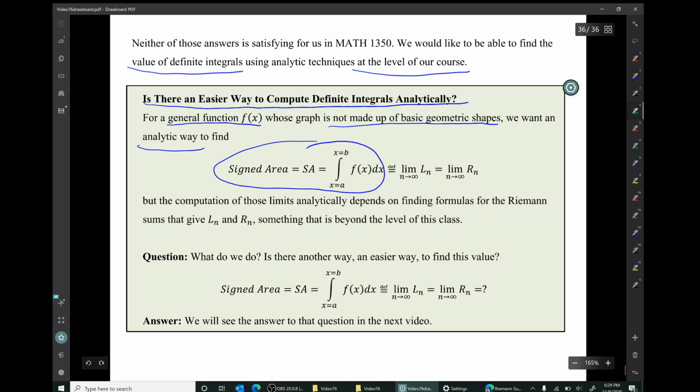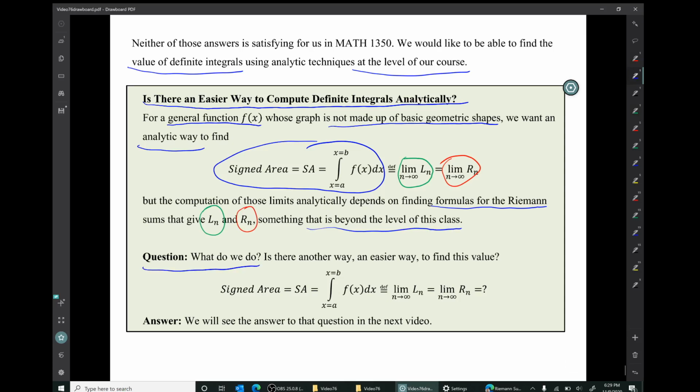It's defined to be this limit of the left sums, which is also equal to the limit of these right sums. So we want an analytic way to find that. But the computation of those limits analytically depends on finding formulas for the Riemann sums that give Ln and Rn, and that's something that's beyond the level of this course. So what do we do? That's our question. Is there another way, an easier way, to find this value?